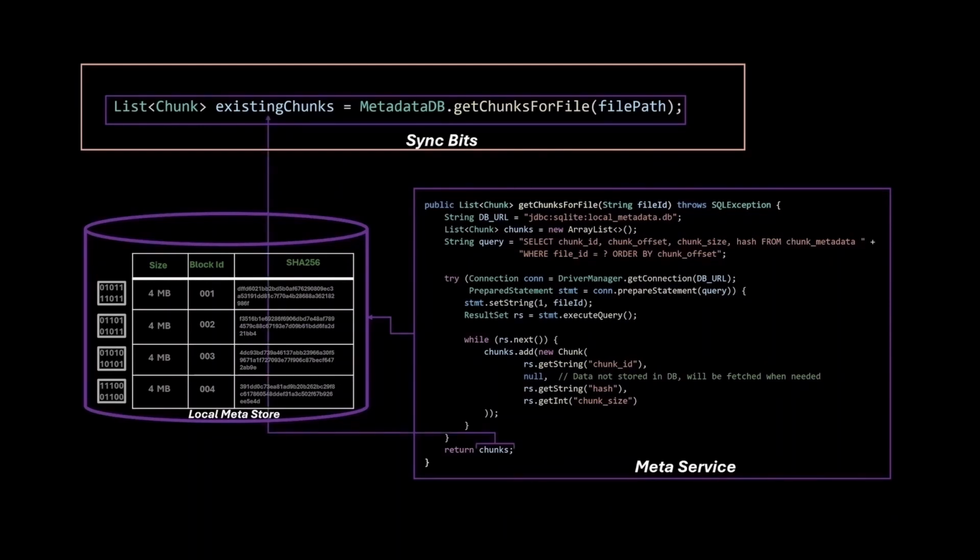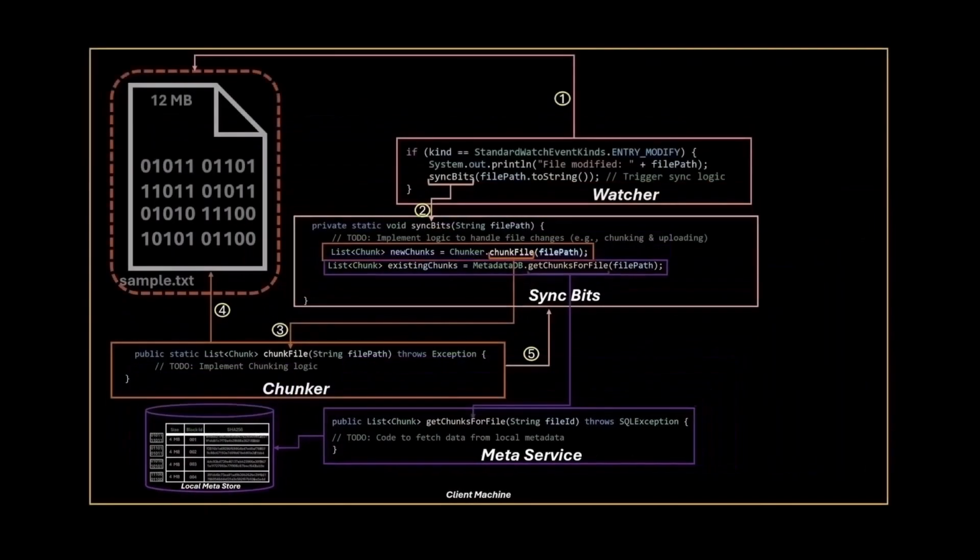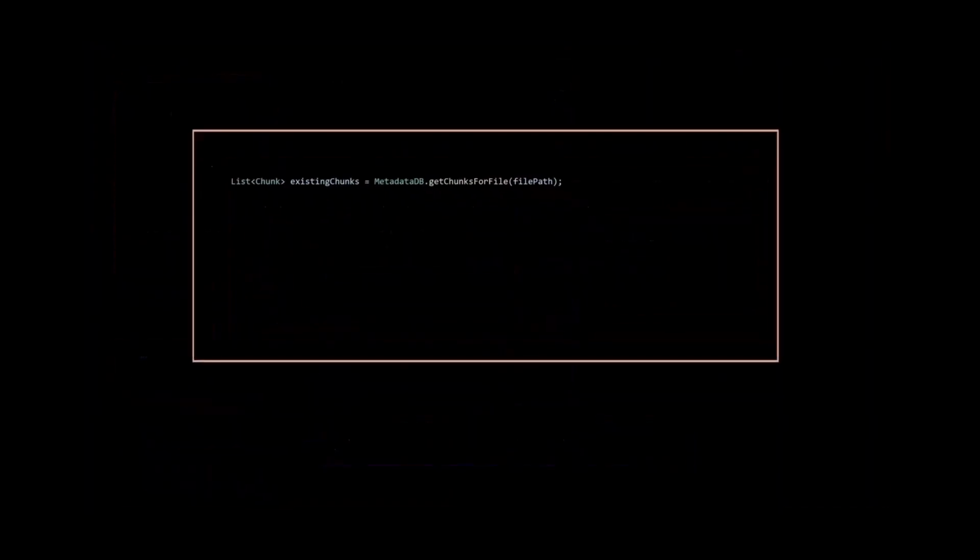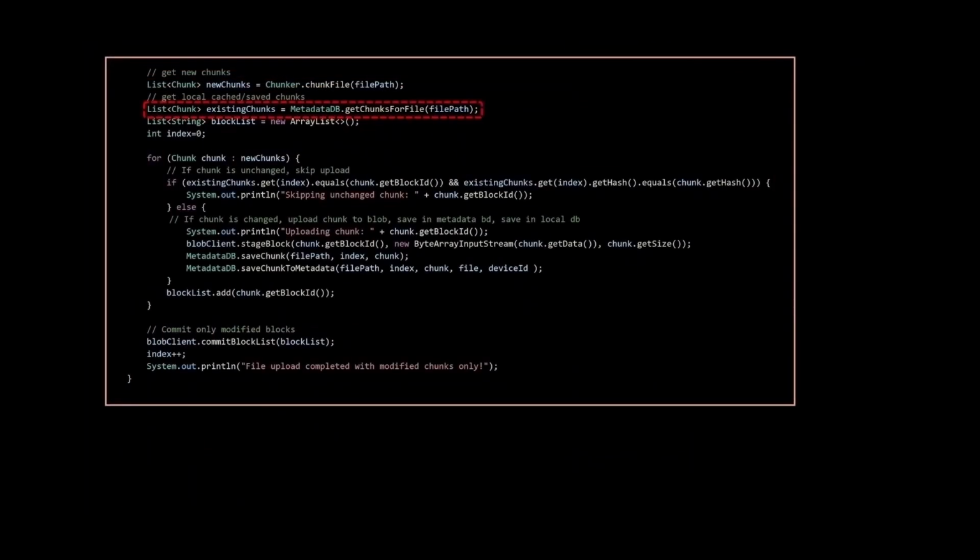Once the list of existing chunks for that file is received from the local meta store, the meta service will send that list of existing chunks back to the sync bit service. And that's how the code would look like. At this line of code, we'll have the new chunks of the file where the change has been detected, as well as the existing chunks saved for that particular file.